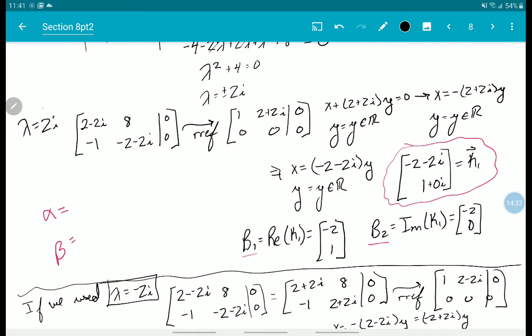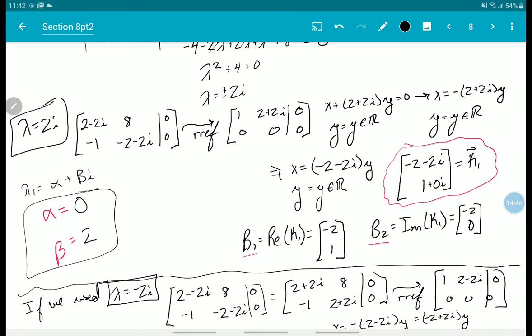I think something got erased. So we know alpha is 0 and we know beta is 2. Remember, these are written in the form of alpha plus beta i. So we have these components. We are ready to write that final solution.